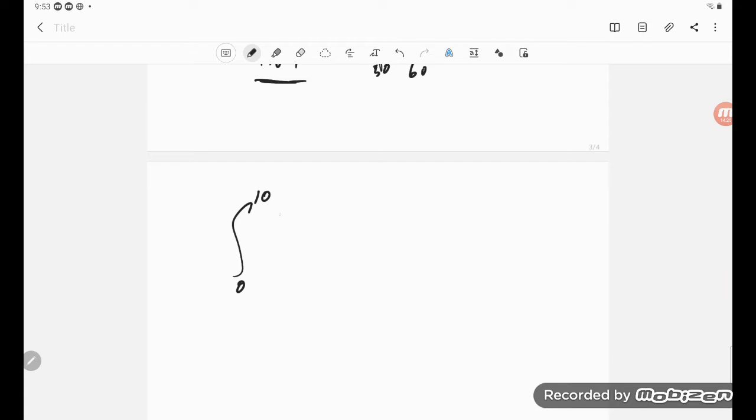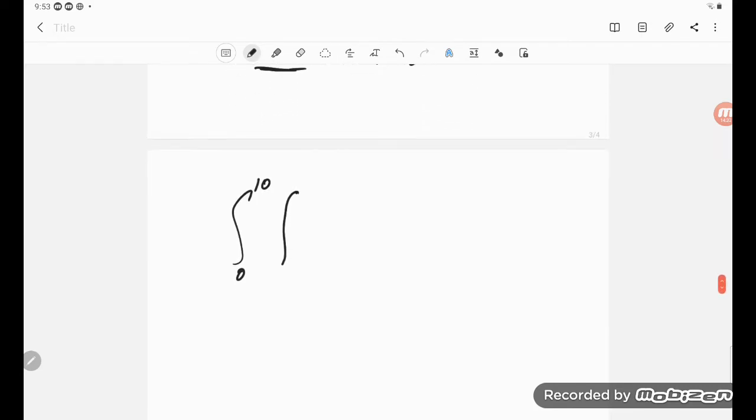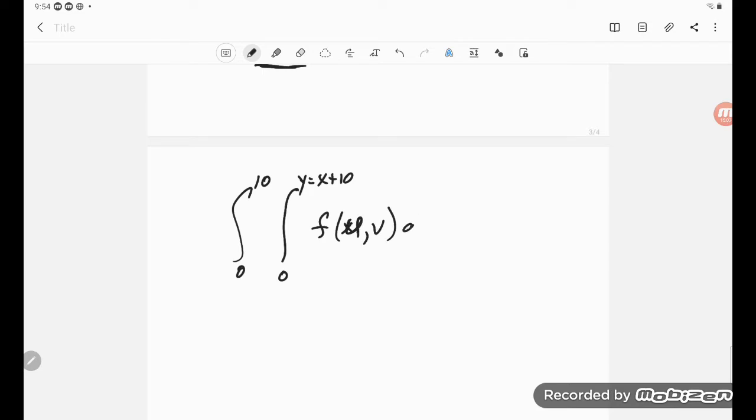So in terms of a double integral, we go 0 to y equal x plus 10, and this would be f of u, v, dv, because that's with the y, and du. Oh, I forgot my f here.